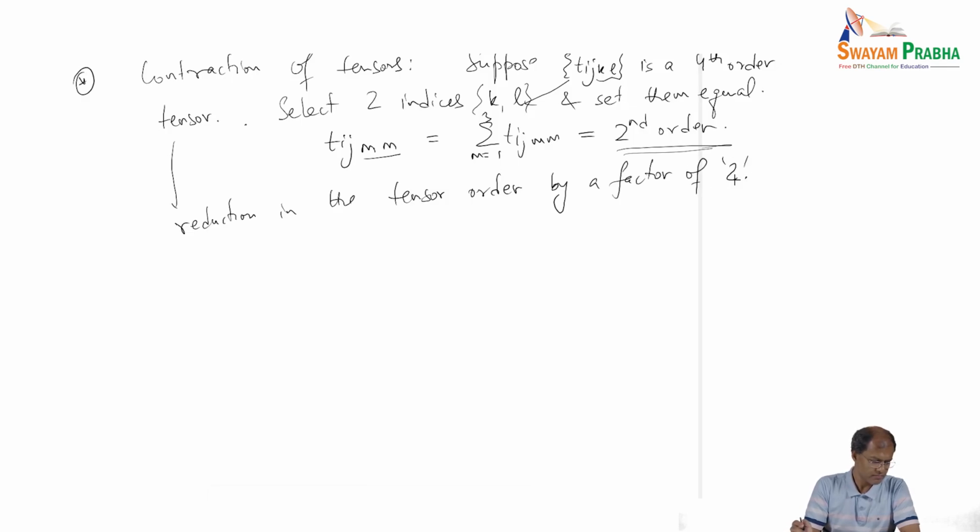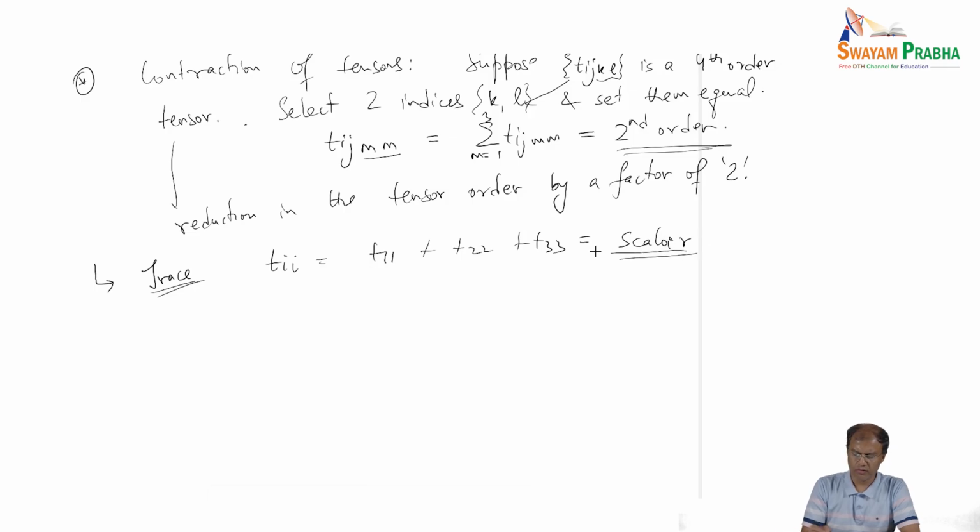Now suppose we have a trace. What is the trace of a matrix? Take a second order tensor Tij. The trace is Tii, which means T11 plus T22 plus T33. These are the sum of the diagonal elements, and this is of course a scalar, or a 0th order tensor.